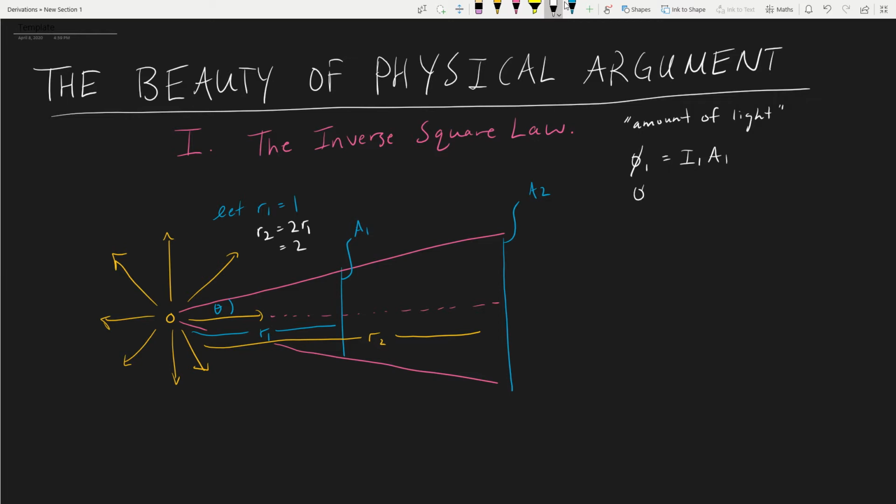And of course we have phi 2 is equal to I2 A2. I'm going to assert that these two things are equal. I'm going to assert that the amount of light, phi 1, equals phi 2, which of course implies I1 A1 equals I2 A2.